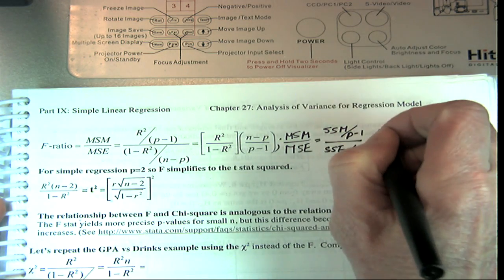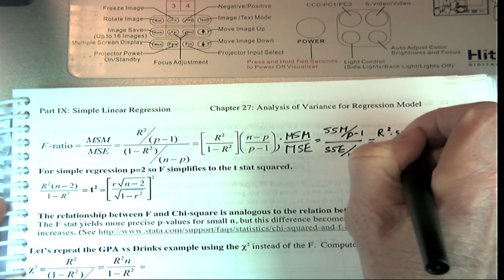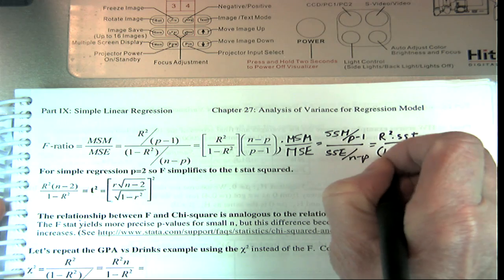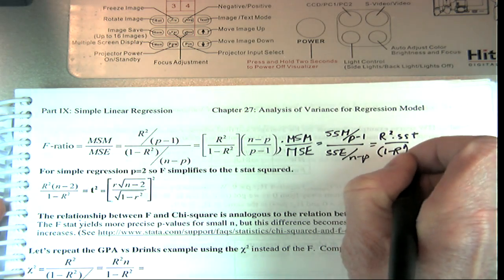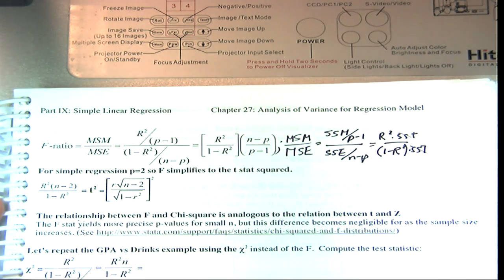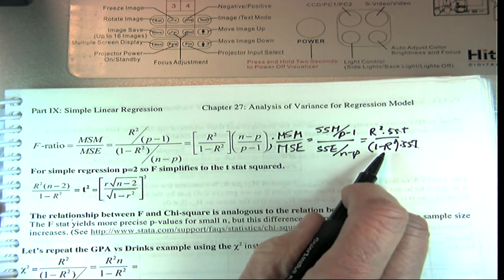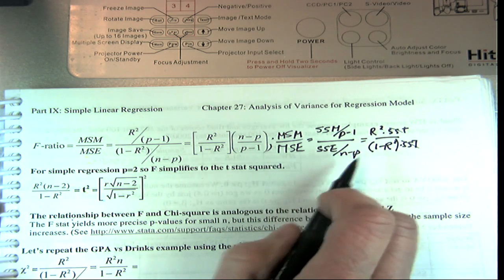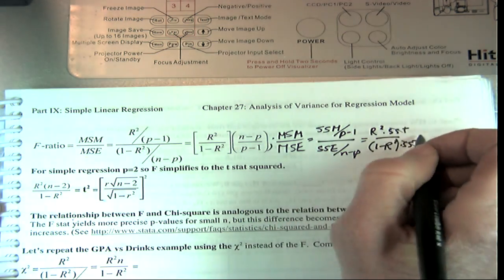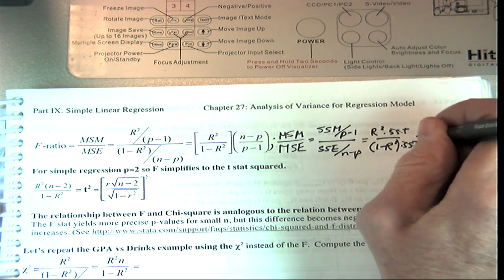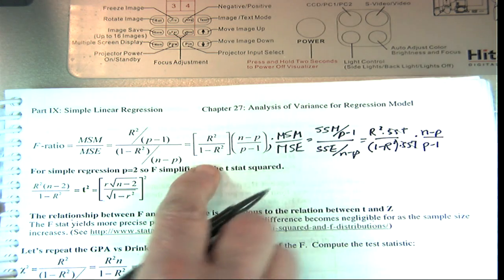Remember, SSM is just r squared times SST, and SSE is 1 minus r squared times SST. And these SSTs cancel out. So we just have r squared over 1 minus r squared. Now this one's divided by p minus 1, and this one's divided by n minus p. So it's the same thing, simplifying it to n minus p over p minus 1. That's how we got that.